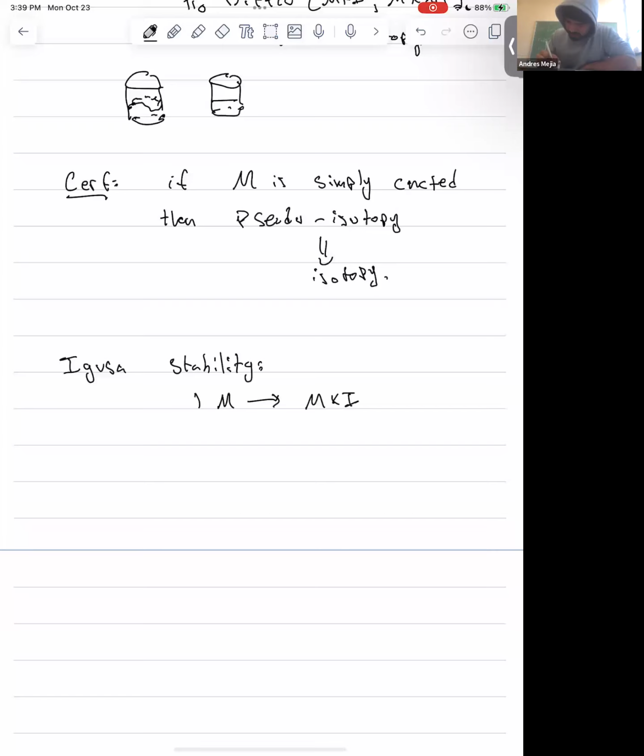M cross I, and we can study what happens to these. So I'm going to write the pseudo-isotopy space like this. And we can study what happens here. And what Igusa tells us is that this map is K-connected, and the dimension of M is large.